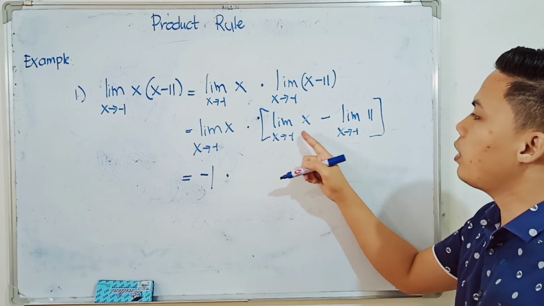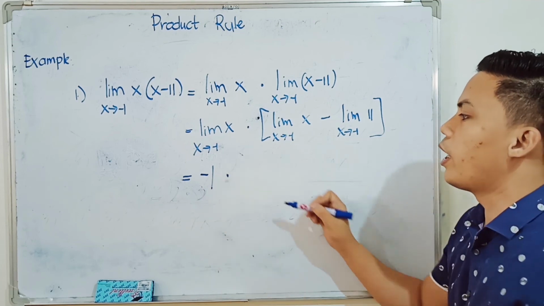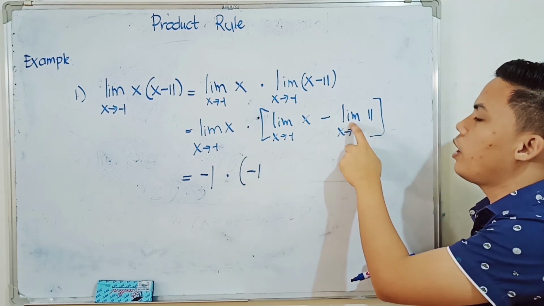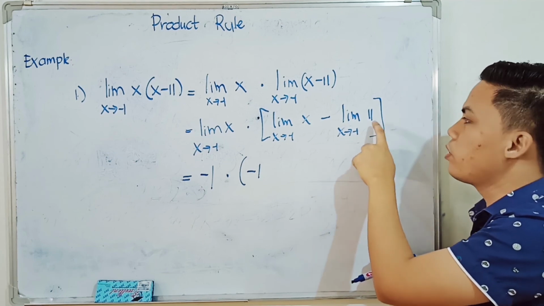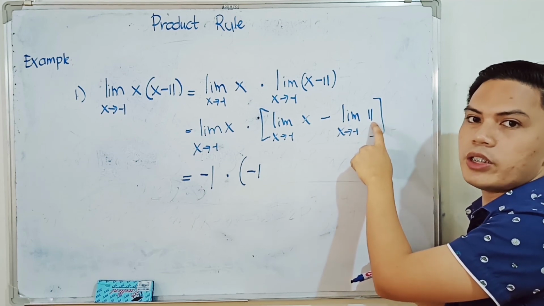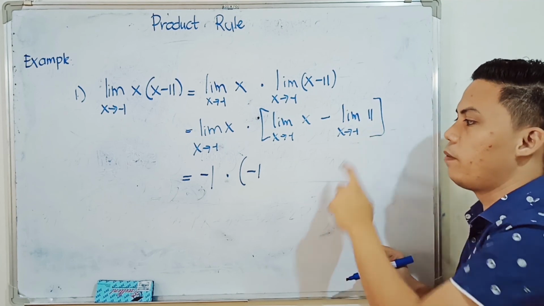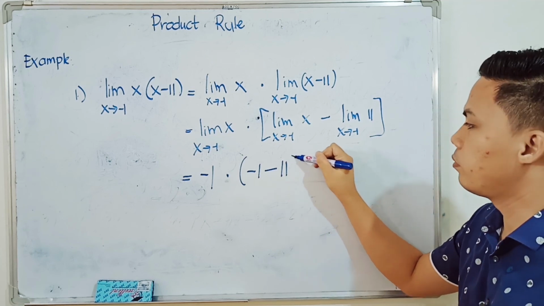So, we have the limit of x as x approaches to negative 1. So, same lang dito. The answer would be equal to negative 1. Next, the limit of positive 11 as x approaches to negative 1. So, since this is constant, so our answer here is just equal to the given constant, which is 11. So, it will become minus 11.